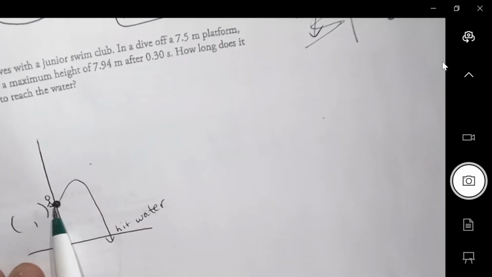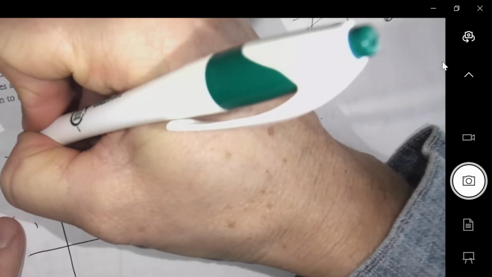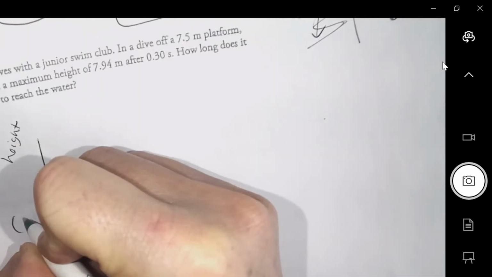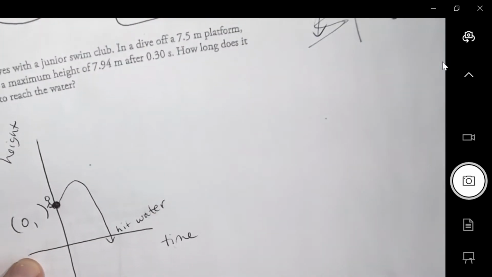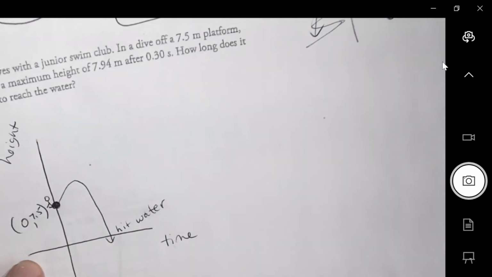Can anybody tell me this coordinate right there? Time and height. So it's the time of 0, the start, and what is the height at the start? 7.5.